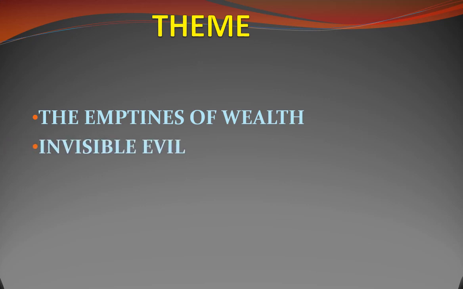The next theme is of invisible evil. Doyle, like many other mystery writers, makes use of a writing technique that can be thought of as an invisible evil, the phenomenon of criminal acts committed by unknown agents. Doyle plays on the fear of the unknown heavily in the course of the story.